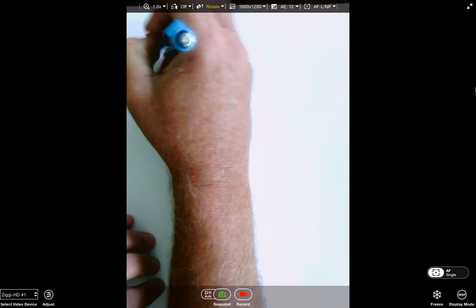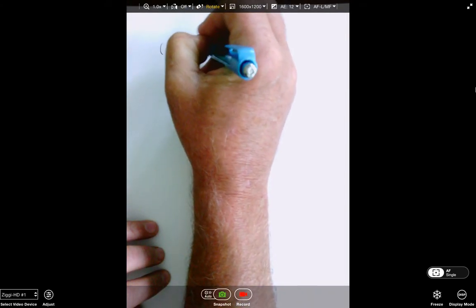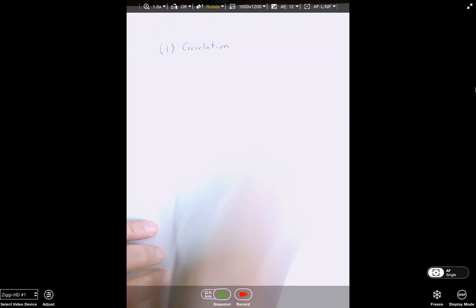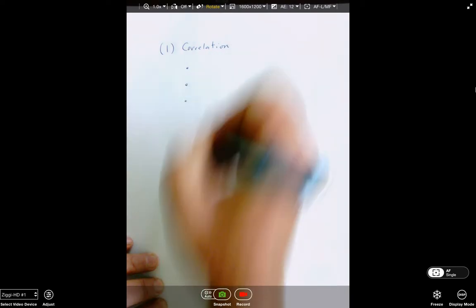The steps here actually turn out to be called the following. The first step that we conduct in two variable statistics is called the correlation part. And there are three parts of the correlation.